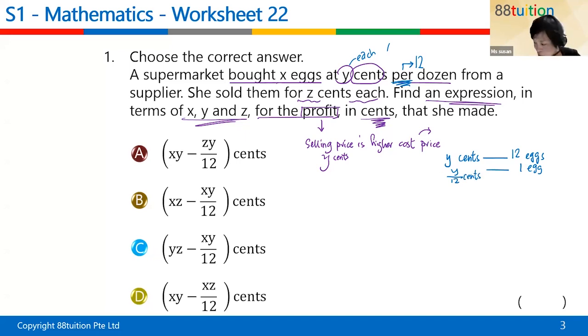And that is for 1 egg, right? Then after that, I have to find the number of eggs, which is X eggs. Why X eggs? Because this is what he bought. So Y over 12 multiplied by X, in total we will get XY over 12, okay?